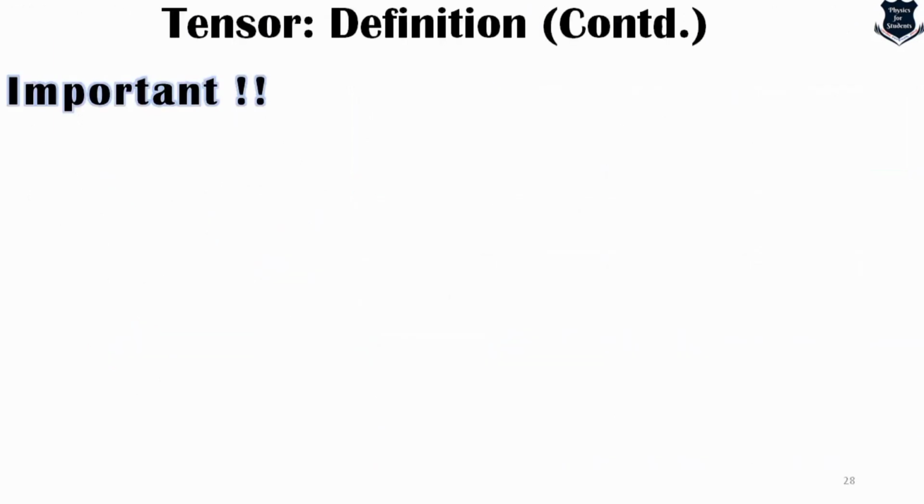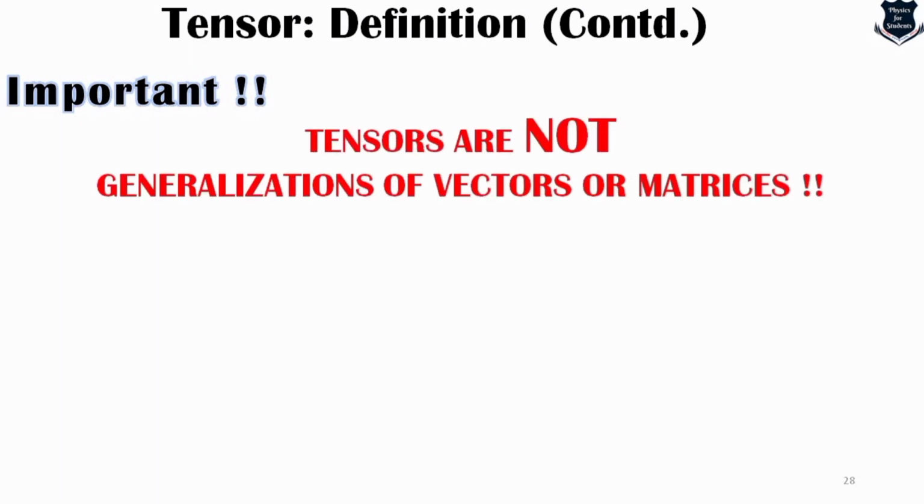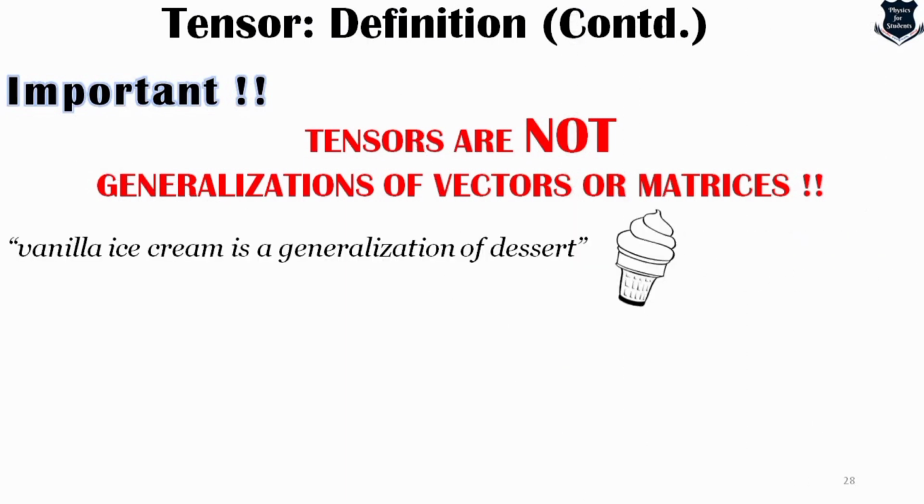Here is something which I repeat in almost all of my lectures. Don't imagine tensors as generalizations of vectors or matrices. Before coming to this ice cream photograph, what I'm trying to tell you is that tensors are not generalizations of vectors in any way.